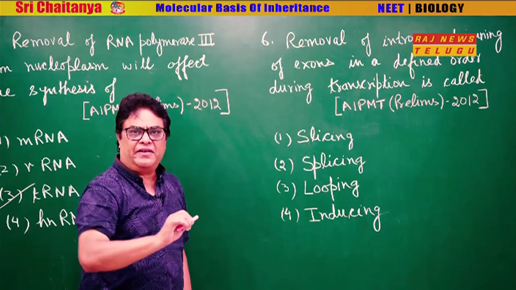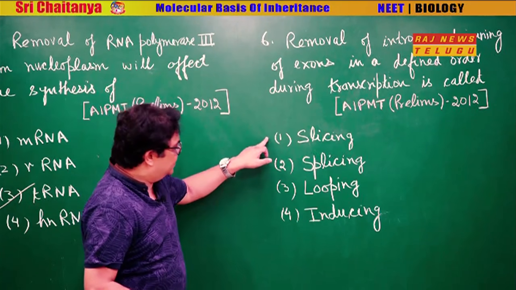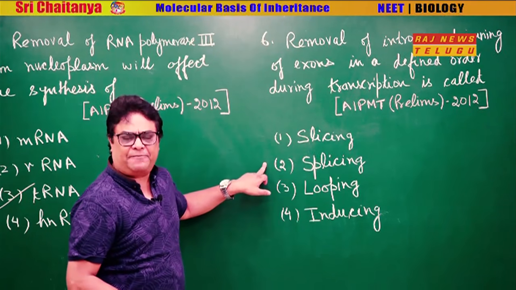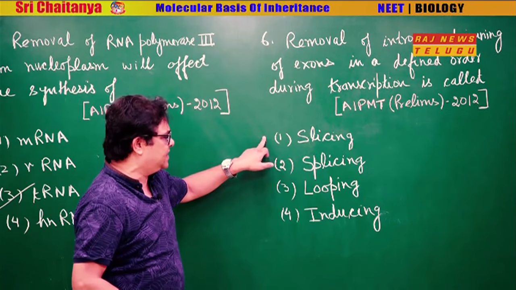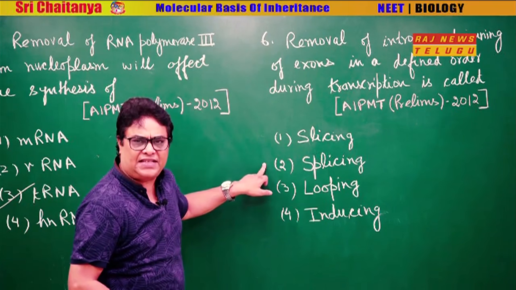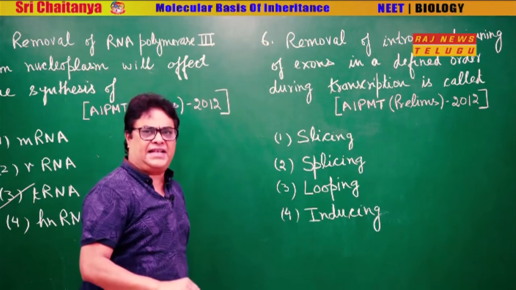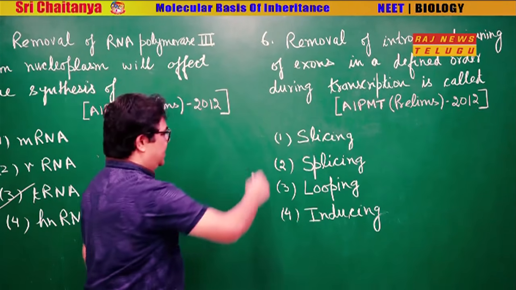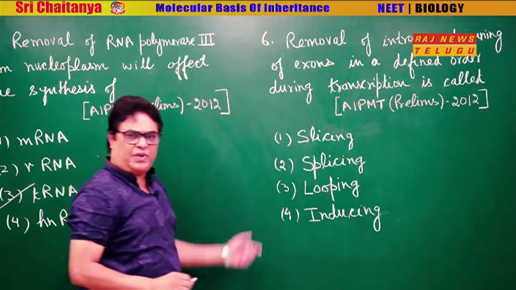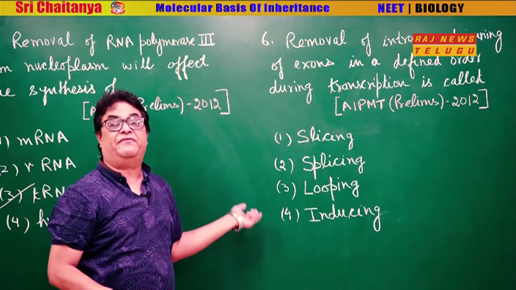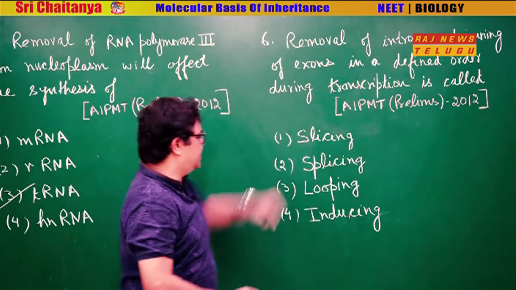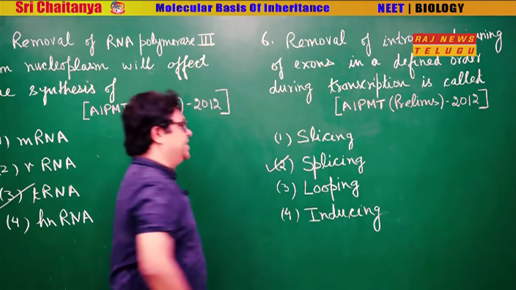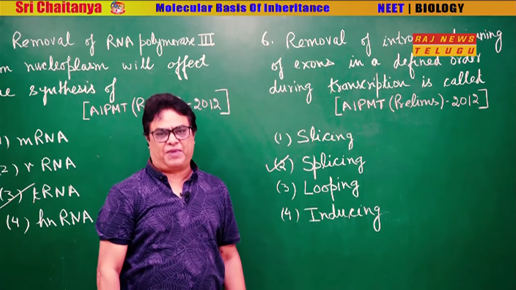The first word that comes, we emphasize on that. Slicing, splicing, very similar matching words, and if slicing is given as the first option and splicing as the second, you know the answer, still you may commit a fault and tick and move forward. So, please read all the options very carefully while answering a question, and you know this process is called splicing. So, our answer will be splicing.